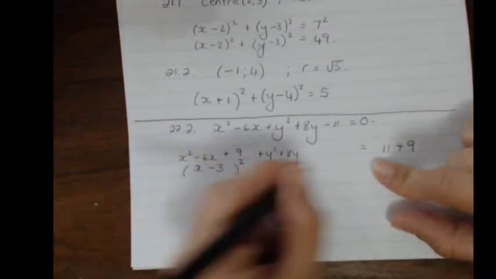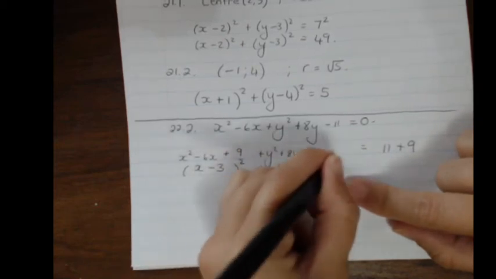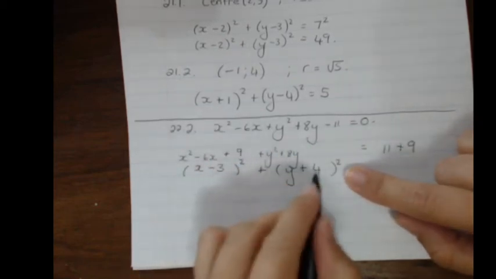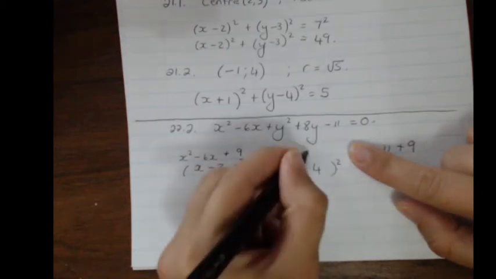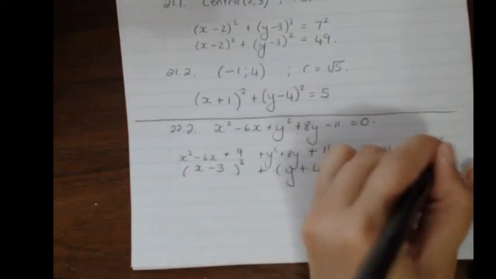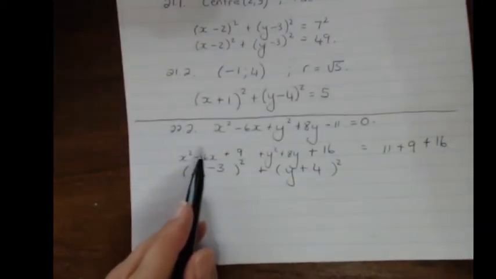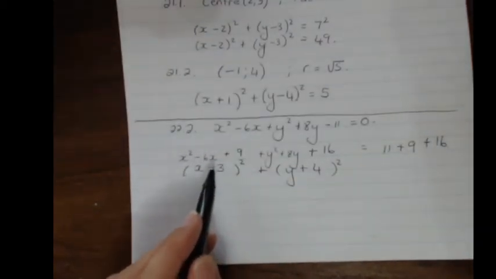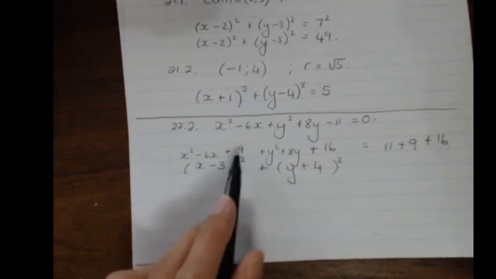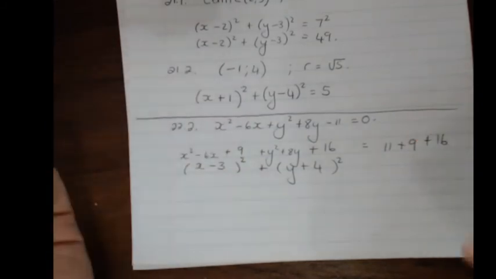So I take the b value, I half it into the square below. I take this value, I square it, plus 16, and then I must add the 16 on both sides. So completing the square for me, I take the b value, half it into the square below, and square this value, and then that in the previous step, I add to both sides.